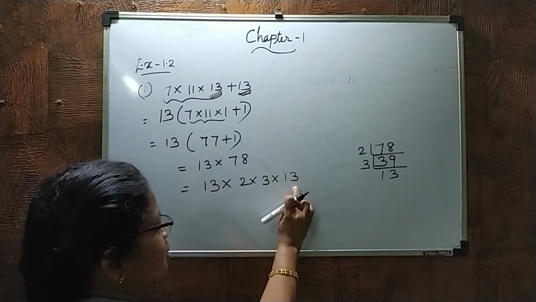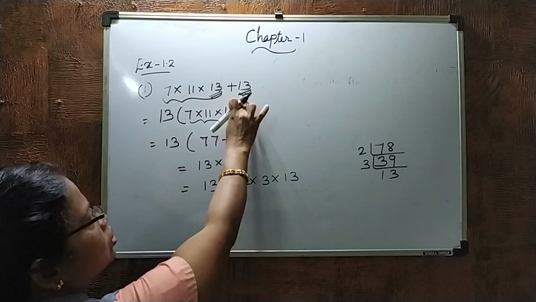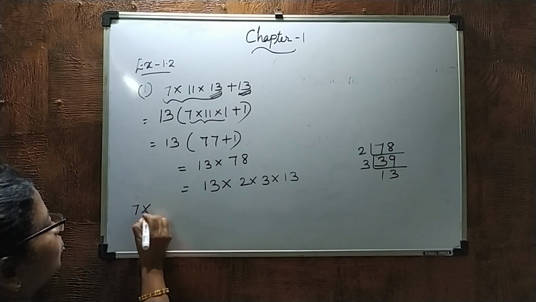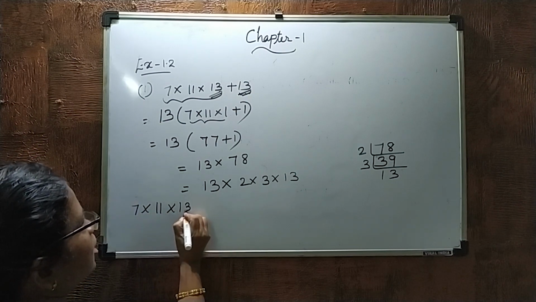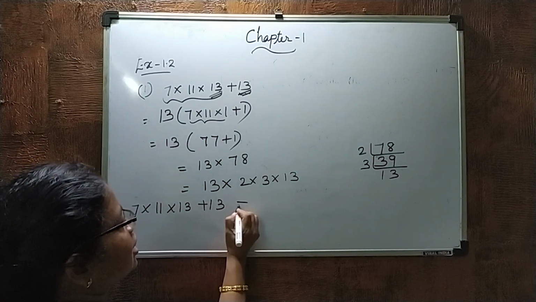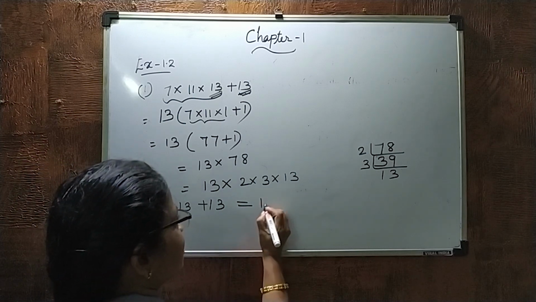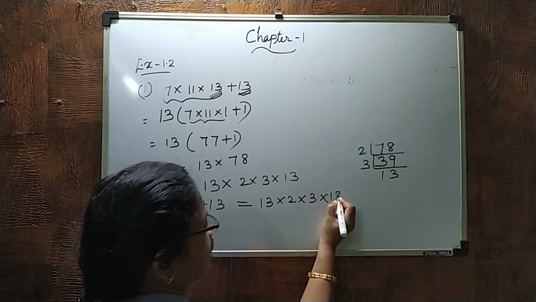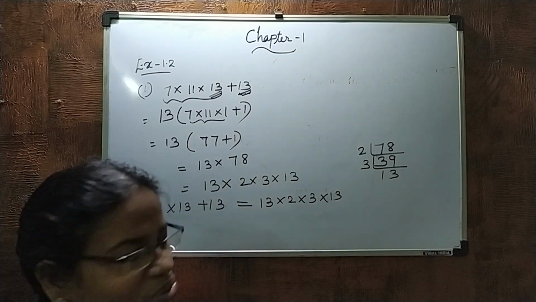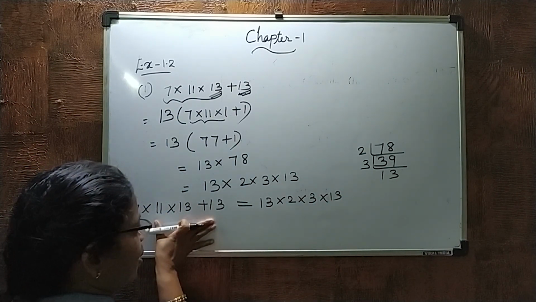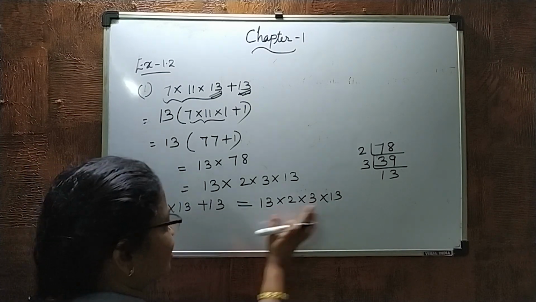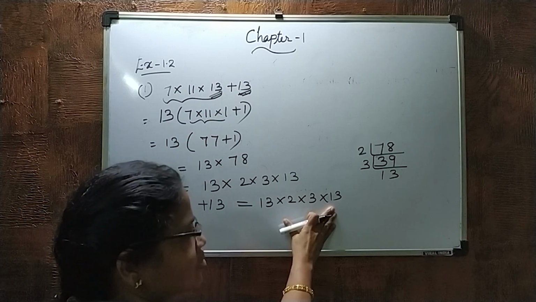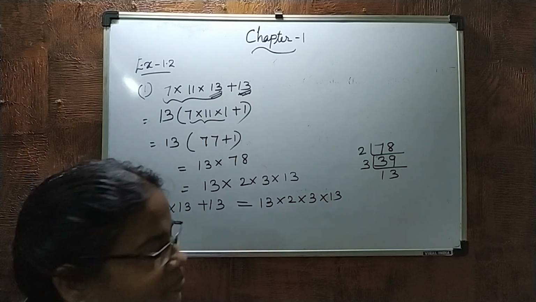If this is a composite number, then the question is also a composite number, because 7 into 11 into 13 plus 13 can be expressed as 13 into 2 into 3 into 13. So this is a composite number because it can be expressed in the form of a product of prime numbers. That we have to write.